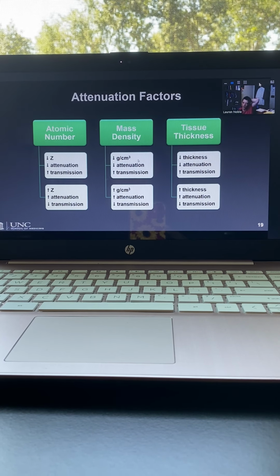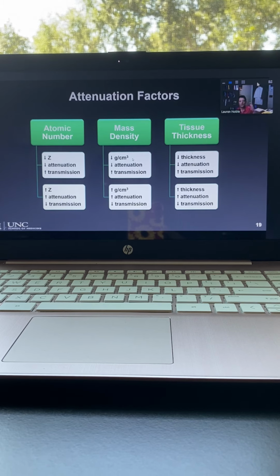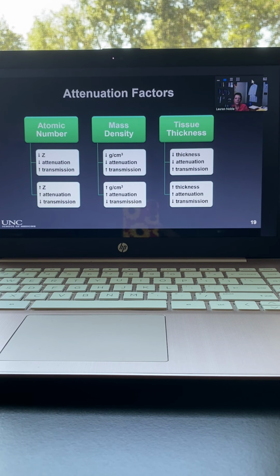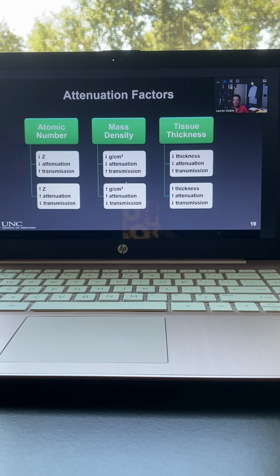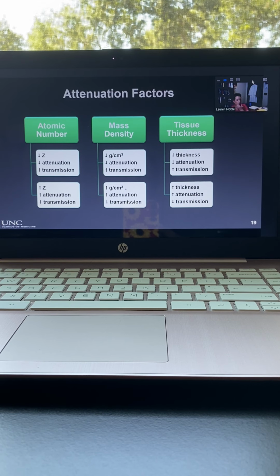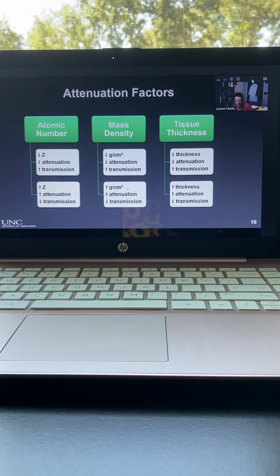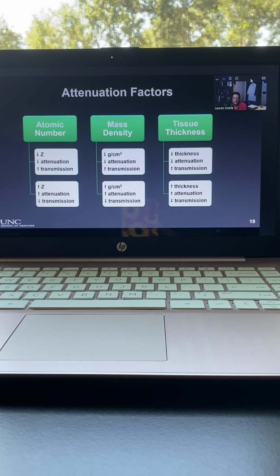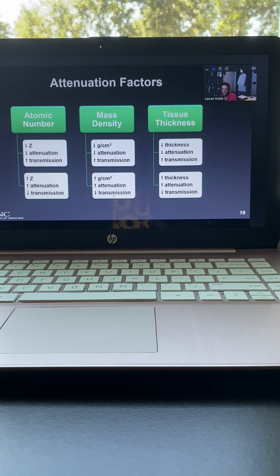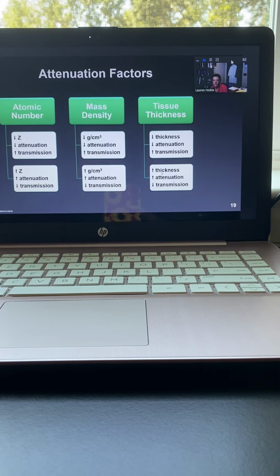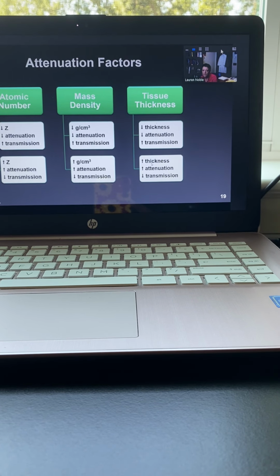When you decrease the mass density, there are fewer electrons, so the probability of attenuation goes down, probability of transmission goes up. And then the opposite is true here. The more tightly packed the atoms are, the greater the chances that we're going to have an interaction, and the less likely the chances for transmission. Okay? Does that make sense?